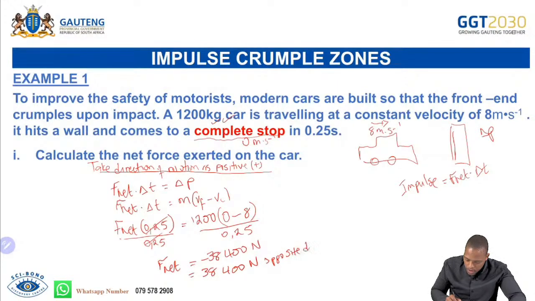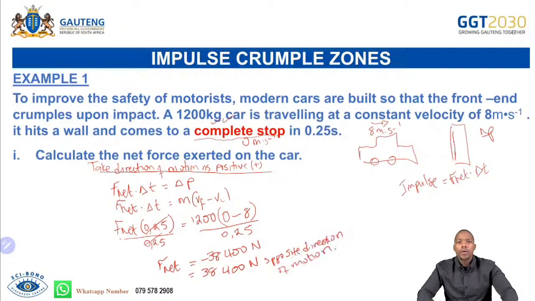In the opposite direction, since we said the direction of motion was positive, therefore the opposite must be the negative one. Opposite direction of motion. Right, that is the net force that is exerted on the car, because they said calculate the net force exerted on the car.